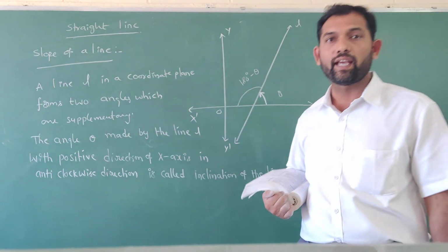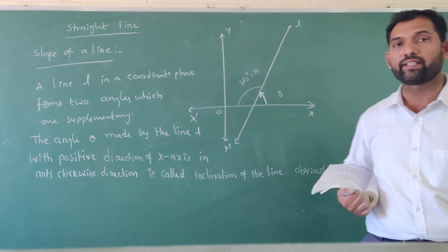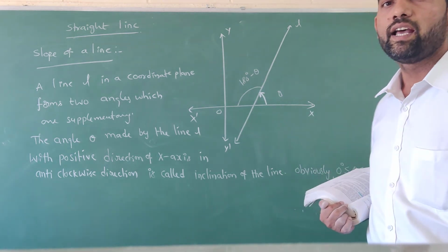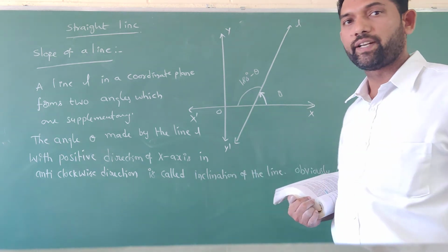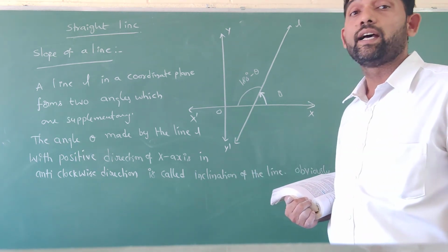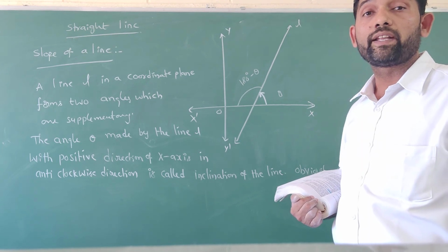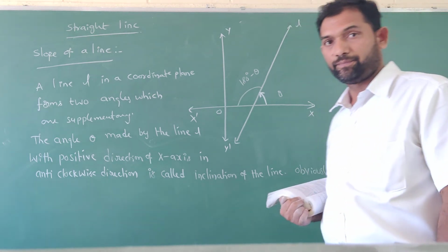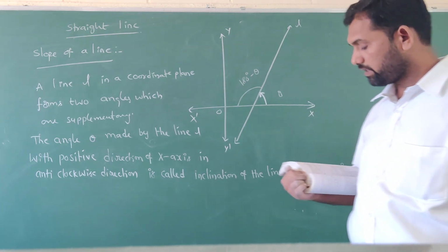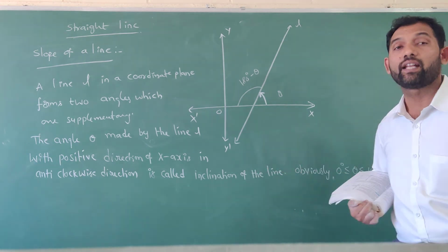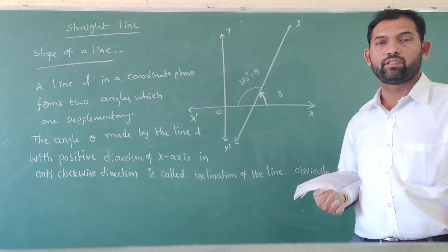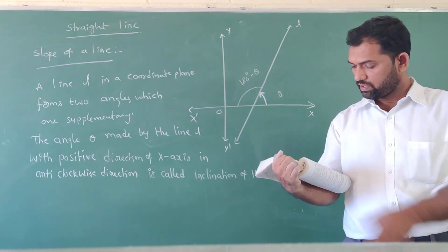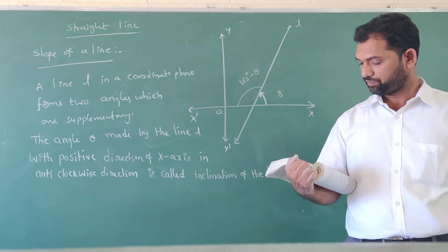The line making an angle with the positive direction of x-axis in the anti-clockwise direction is theta, and the other angle formed in the other direction is the supplementary angle 180 minus theta. This is called the inclination of the line.